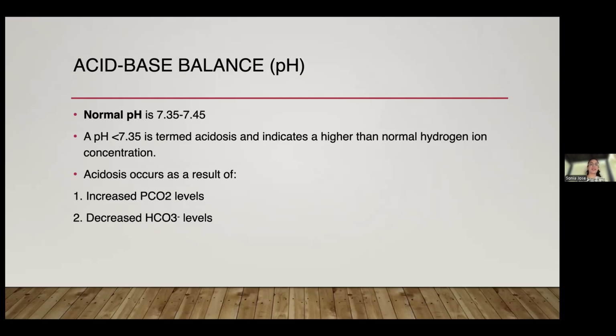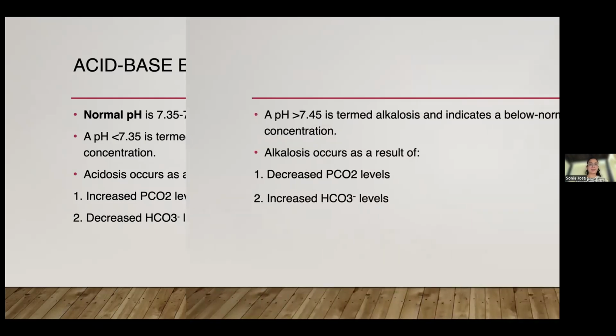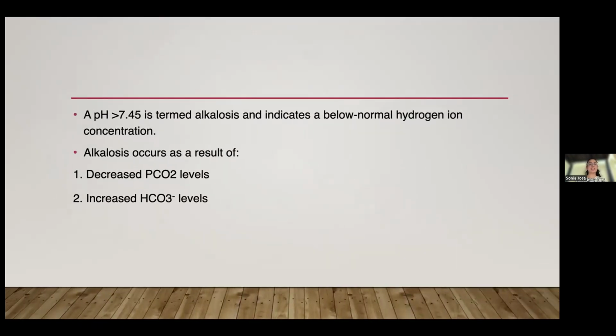Acidosis is caused by either increased PaCO2 or decreased HCO3 levels. And pH of greater than 7.45 is termed alkalosis. It indicates below normal hydrogen ion concentration, and alkalosis occurs as a result of decreased PaCO2 or increased HCO3 levels.